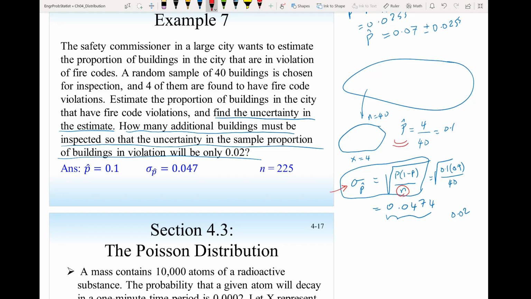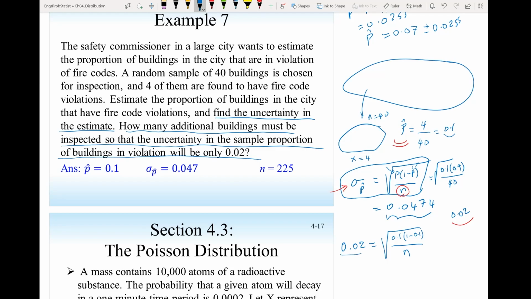So let's see how we figure out how many houses I have to test so my uncertainty will go to 0.02. So we are going to solve this problem now. The uncertainty is 0.02, that's what we want. And we're going to be using p here and p here, the 0.1 estimate. And here we will have n. We have to solve for n.